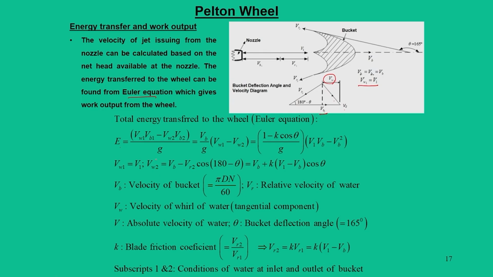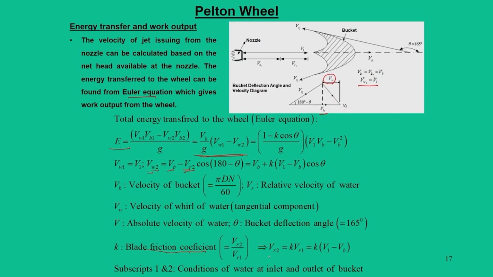Through these diagrams the Euler equation is derived, and finally for this Pelton wheel we write Vb times (Vw1 minus Vw2). Now, Vw2 can be found by considering Vr2 and Vb, and this Vr2 can be expressed in terms of the blade friction coefficient, because whenever there is a relative velocity we call this the blade friction coefficient. That means there is a difference in the velocity at inlet and outlet, whether in terms of absolute velocity or relative velocity.